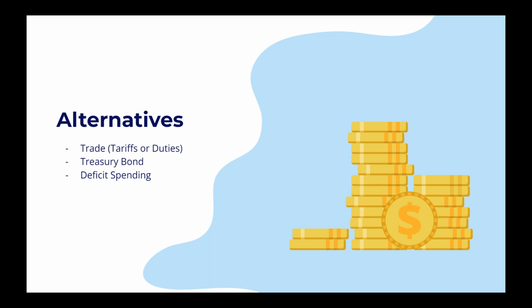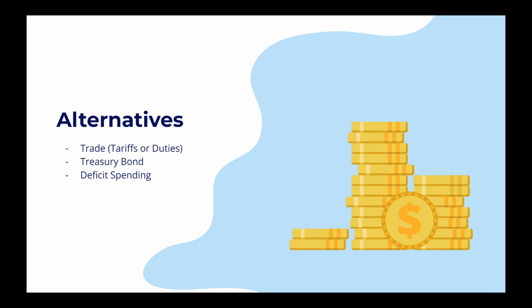Tariffs and duties are basically like if another country wants to import something into the US and trade with the US, they have to pay a certain amount of money in order to do so. So if China wants to trade this car with the US, China would have to pay a certain amount of money in order for the car to be in the US and in order for China to be able to trade the car in the US.